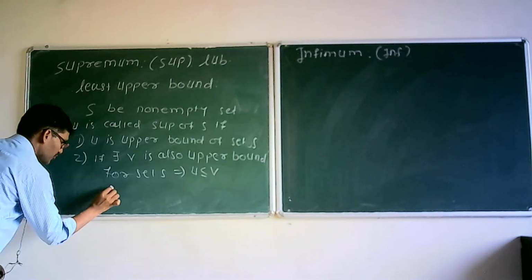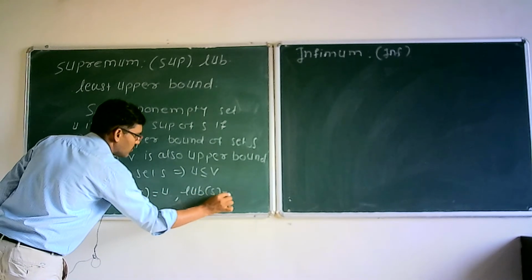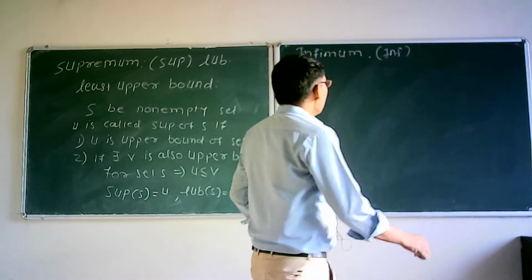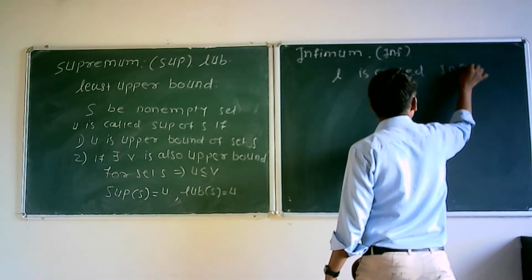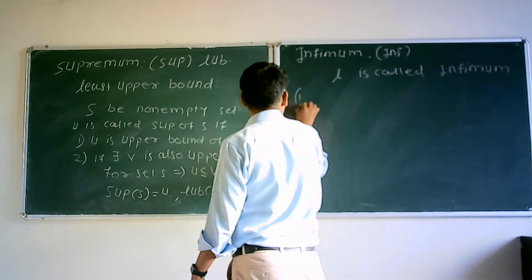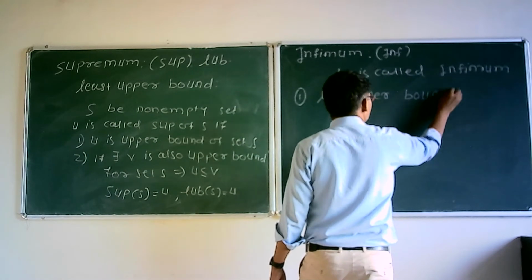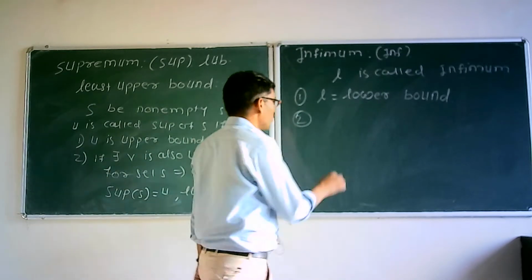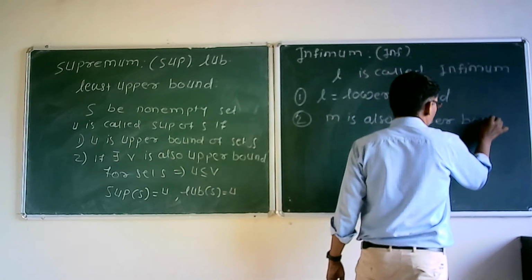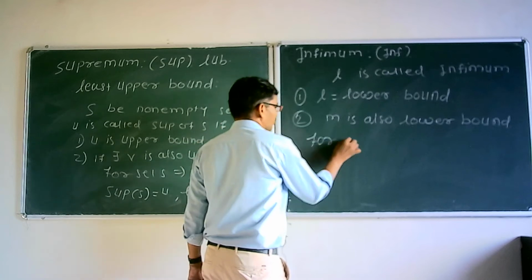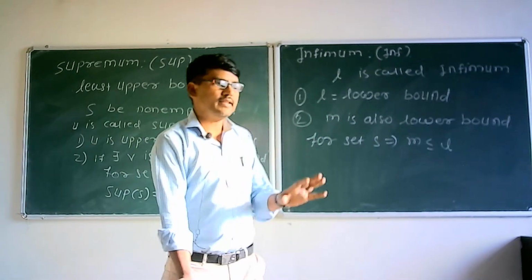The supremum is denoted by SUP of S is equal to U, or LUB of S is equal to U. Now infimum: L is called the infimum if, first, it is a lower bound of the given set, and second, if there exists another lower bound N for set S, then N is less than or equal to L. This means L is the greatest lower bound.